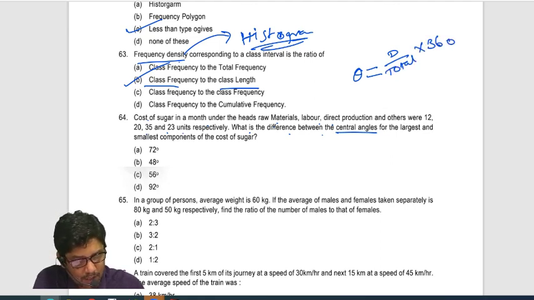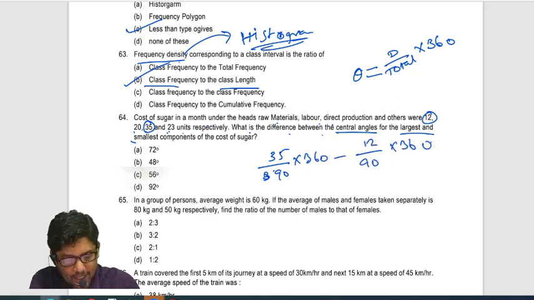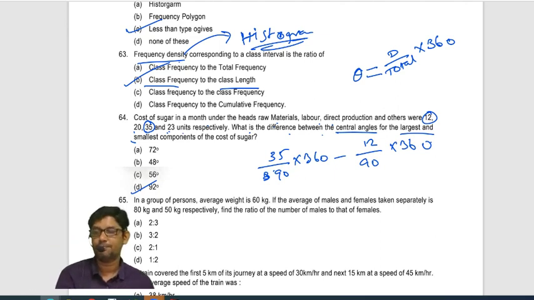Now, difference between largest and smallest. Largest is 35, total is 90. Smallest is 12. So simply 35 by 90 into 360 minus 12 by 90 into 360. Can you tell me the answer? Is it 92 degrees?